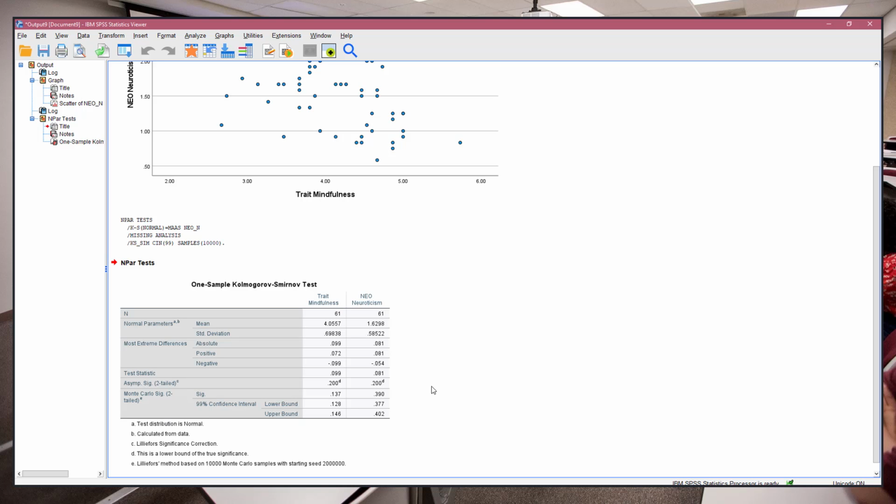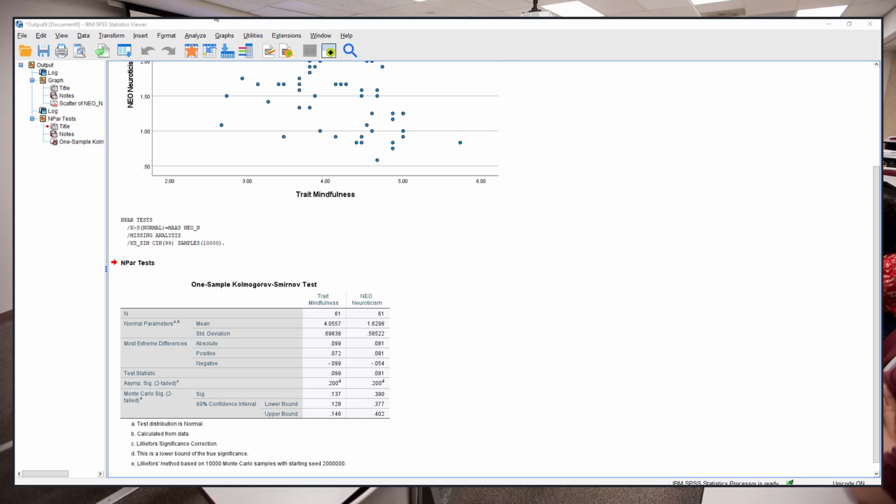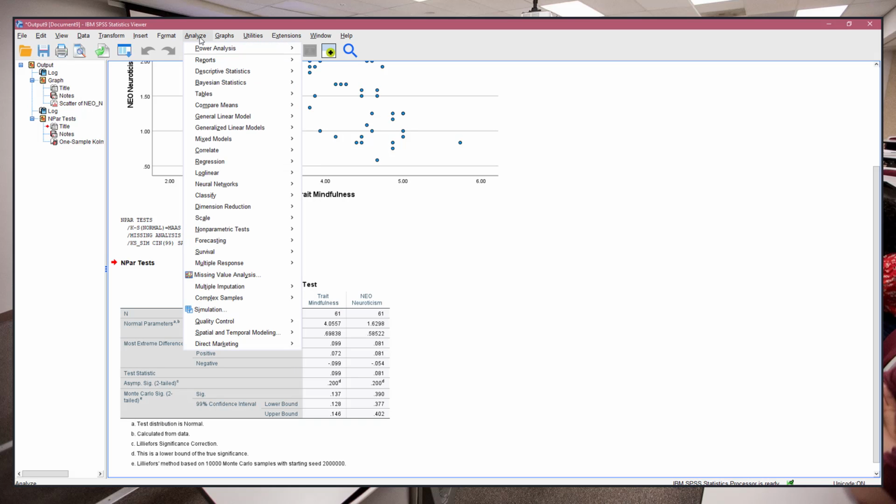The way you do that is by visual inspection. There's really no clear cutoff, but you can do it while you run the analysis. So let's go ahead and run a regression analysis. You just go to Analyze, and then go to Regression, and then go to Linear.